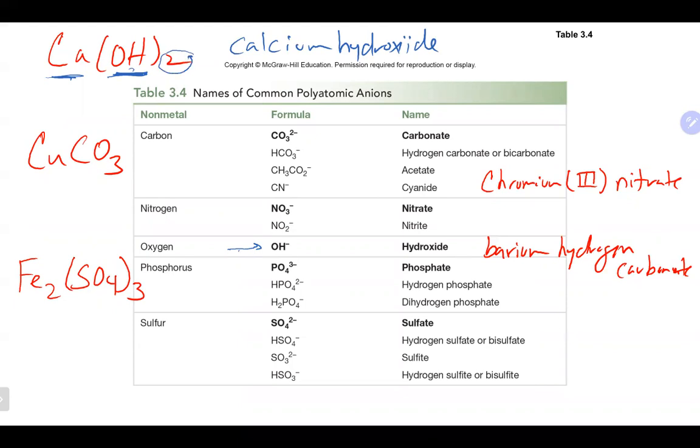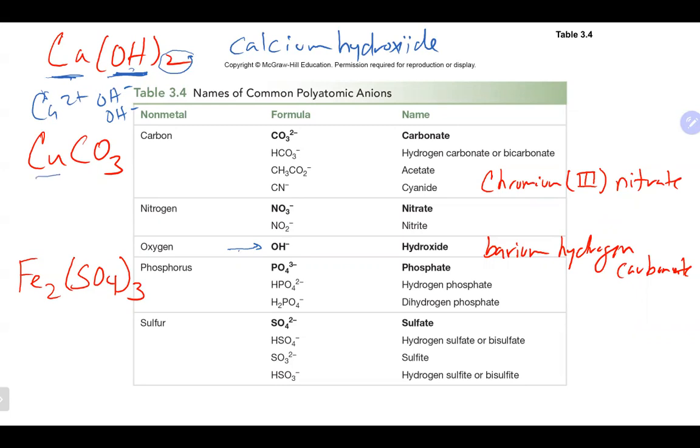We use the 2 there to say we have 2 hydroxides because calcium is +2, and each of the hydroxides is -1. So that gives us -2 and +2, so everything balances out to 0, because ultimately these are positive and negative charges that need to equal 0. Again, it has no effect on the name. So calcium hydroxide would be the name there.